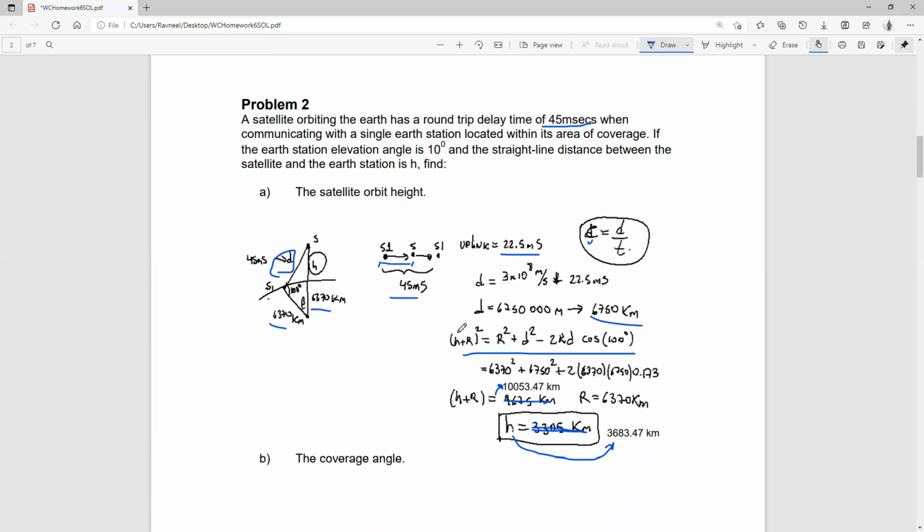If we solve for h plus r, you take the value you get after substituting, and taking the root of that, you get h plus r equal to 10,053.47 kilometers. From this, since we know our r, we can solve for h, and we get 3,683.47 kilometers.